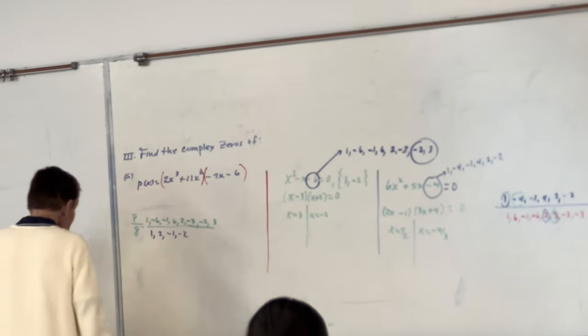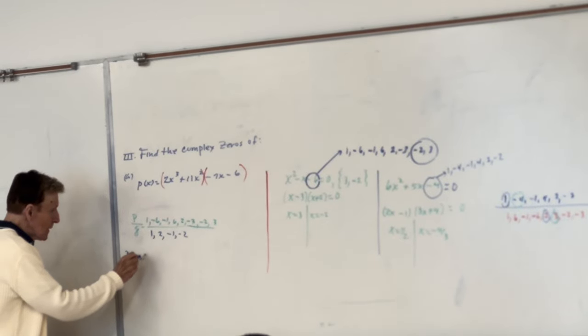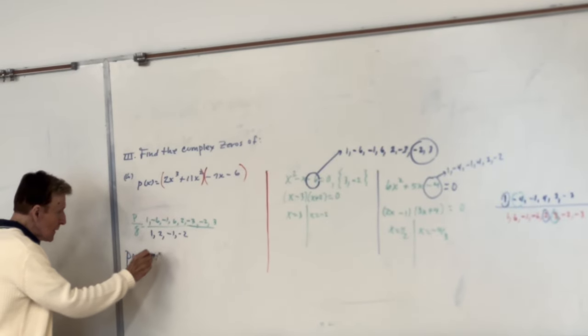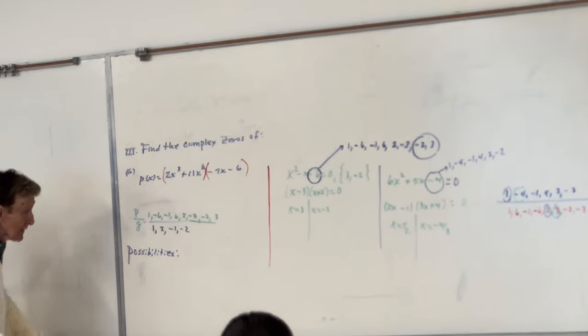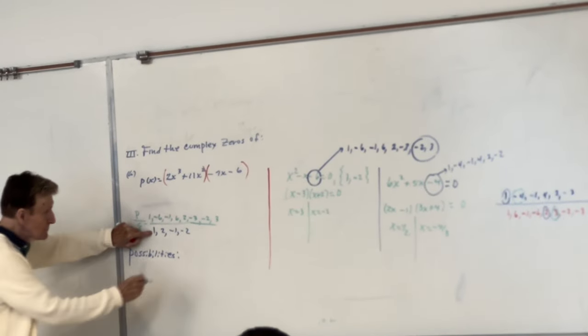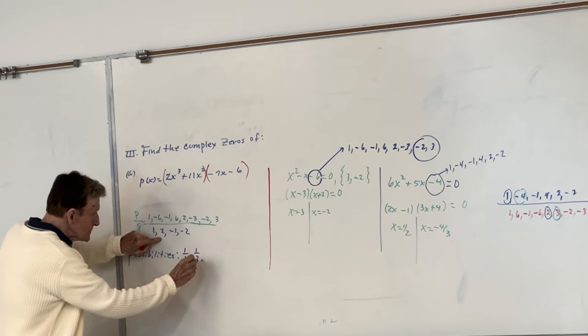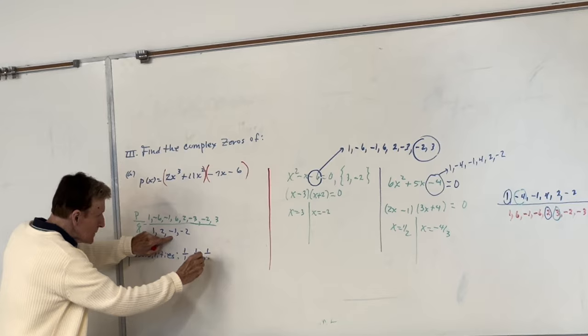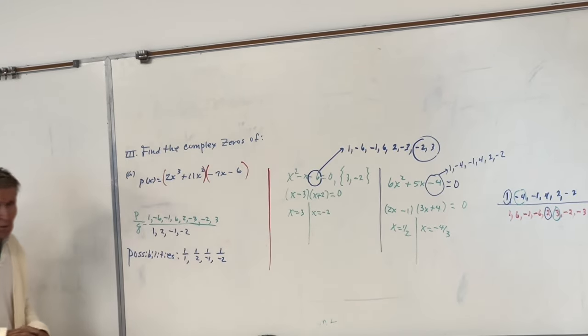Guys, here goes. What are my possibilities? What are my possibilities for zeros, for answers, in other words? Here goes. Could be 1 over 1, talking about process. 1 over 2, 1 over a negative 1, 1 over a negative 2. That's the 1 on top.